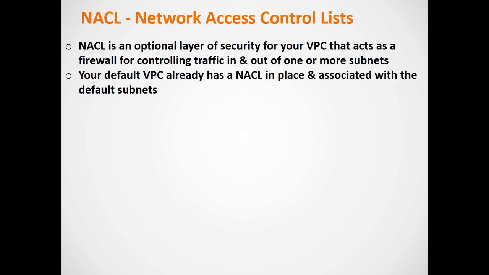So what exactly is it? A NACL is an optional layer of security that we can have on our VPC, which again acts like a firewall for controlling what traffic should flow inside and outside our subnet in the network. Just like how we have a firewall wherein we can say that this data should come inside, or you should not be able to access some site, those kinds of things are done by setting up a rule called a firewall.